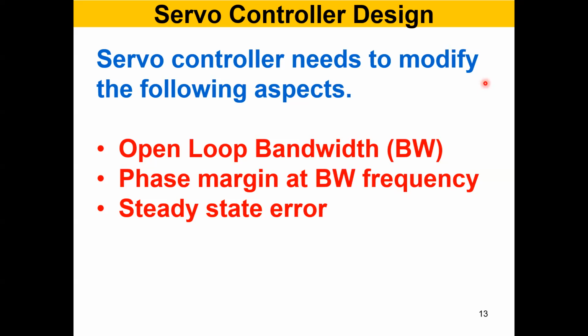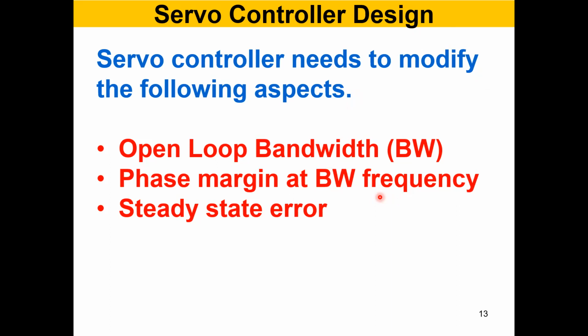Can you adjust your bandwidth? So I am giving you a plant and I ask you to adjust the bandwidth to whatever frequency. This is a need in industry. One of the duties of a control system engineer is to adjust, modify the bandwidth of the plant. Second, phase margin at bandwidth frequency.